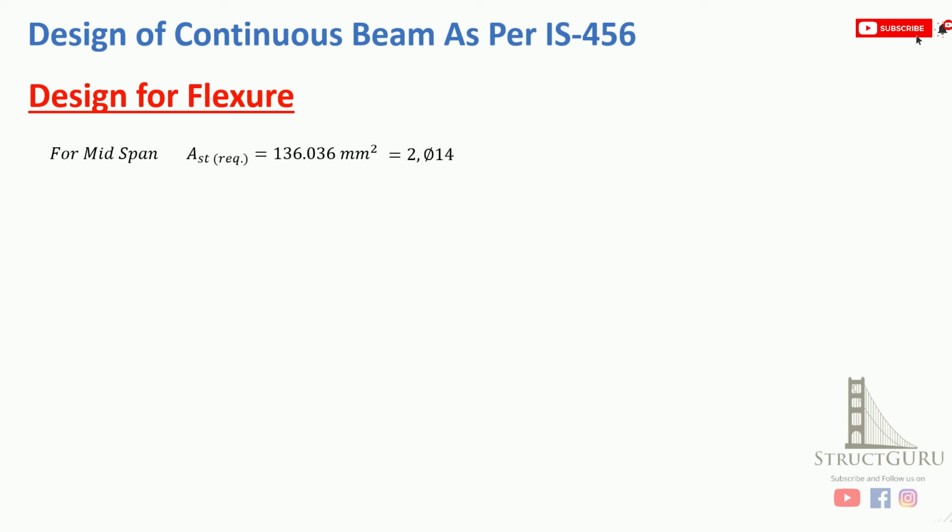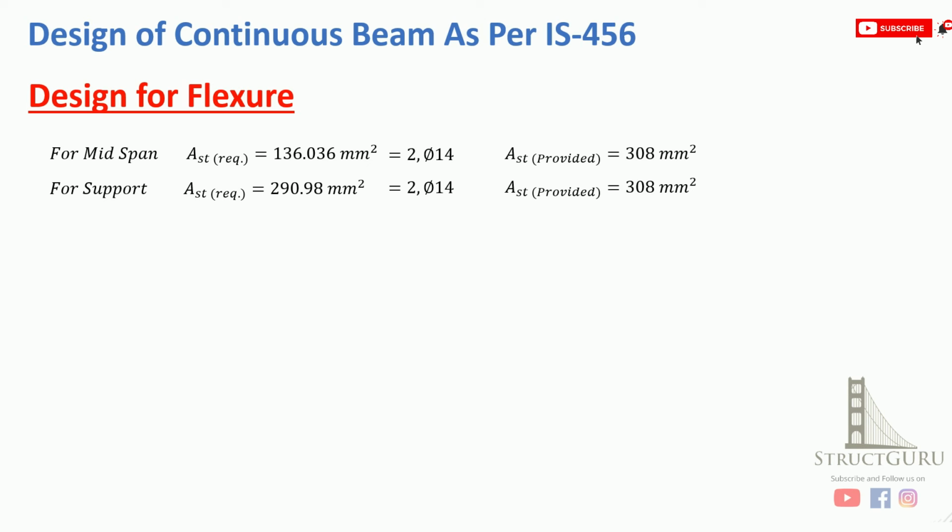I'm using 2 bars of 14 mm dia, and this will give us the area of steel provided as 308 mm square. Similarly, for supports, the required area is 290.98 mm square, and in order to meet this value, let's use 2 bars of 14 mm dia, and the area of steel provided is 308 mm square.